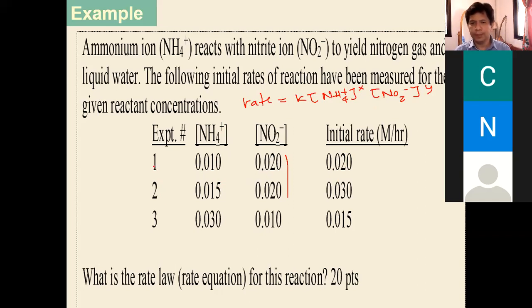Imagine, the nitrite just cancels out. Now the complication is that from the 3 experiments, the ammonium did not stay constant. As you can see, experiment 1 is 0.010, experiment 2 is 0.015, and experiment 3 is 0.030. The ammonium is not constant. What will we do? How do we get Y?